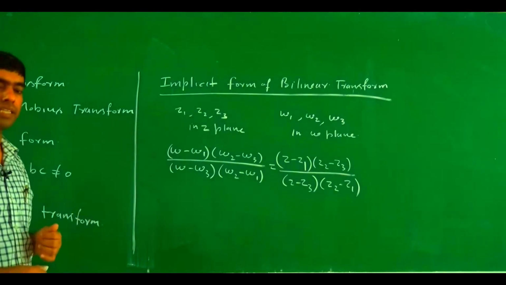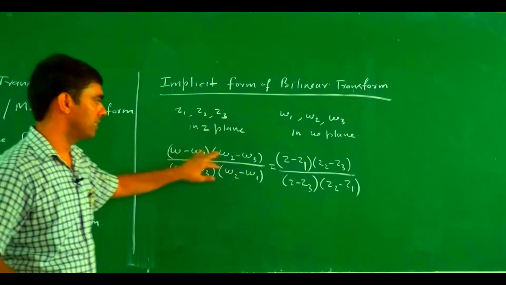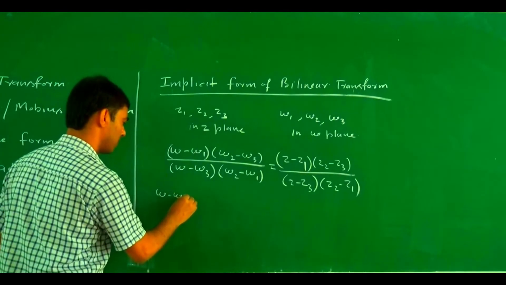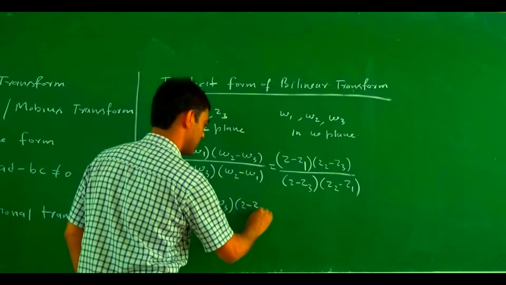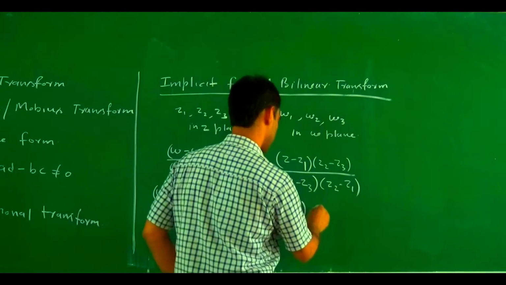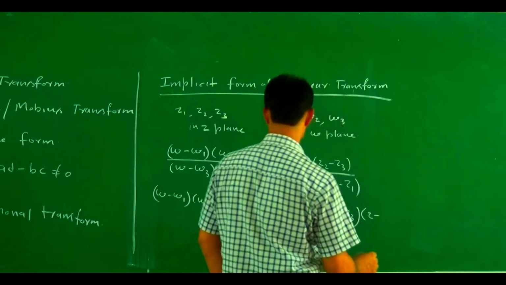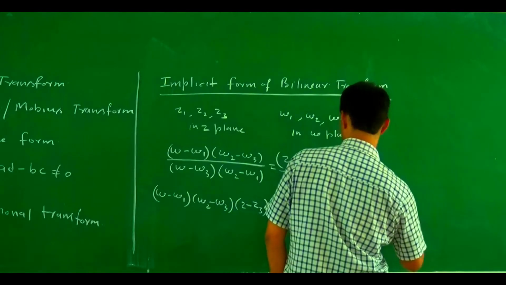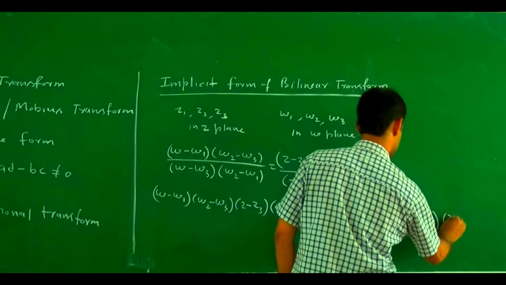Why is this called the bilinear transform? If we cross multiply, we get (W minus W1)(W2 minus W3)(Z minus Z3)(Z2 minus Z1) equal to (W minus W3)(Z minus Z1)(W2 minus W1)(Z2 minus Z3).